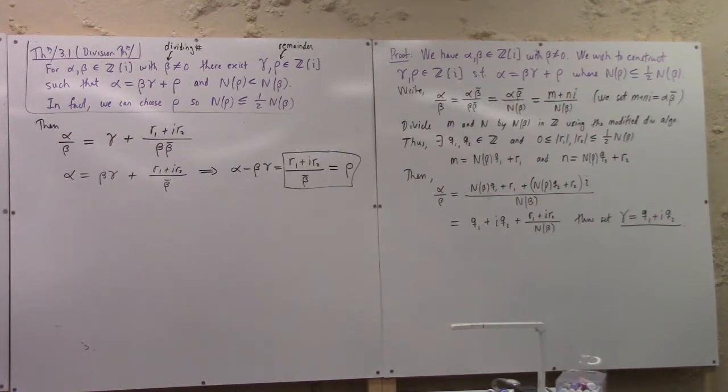Now we just need to do what? We need to show that the norm of rho is in fact less than the norm of beta over 2, right? All right, so let's go through that.